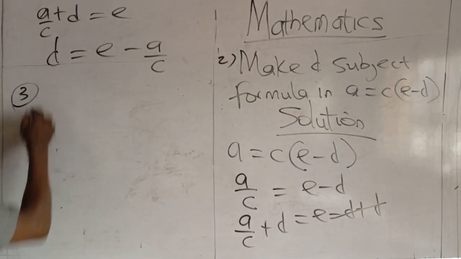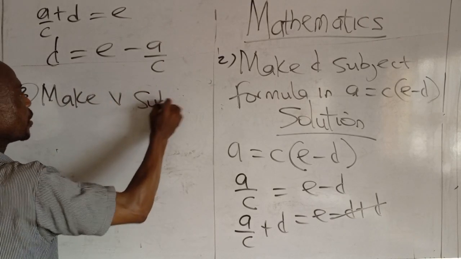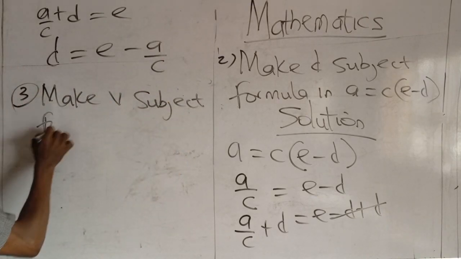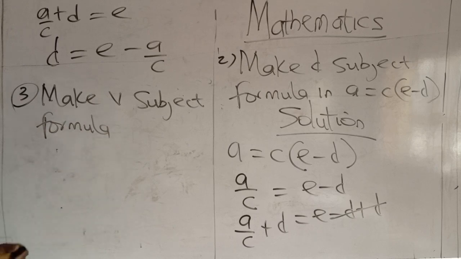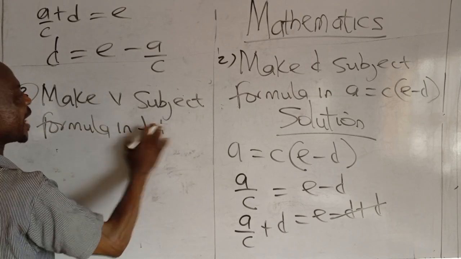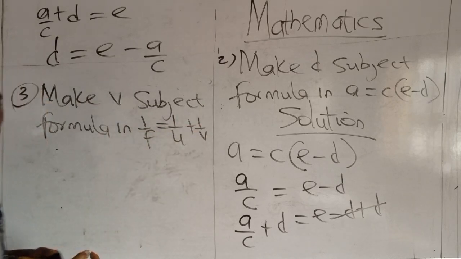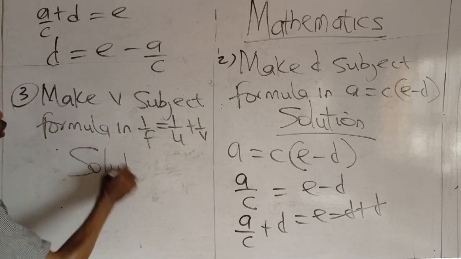Example number 3. We are to make V the subject formula. Let's make V the subject formula in 1 over F equal to 1 over U plus 1 over V. We are making V the subject formula.